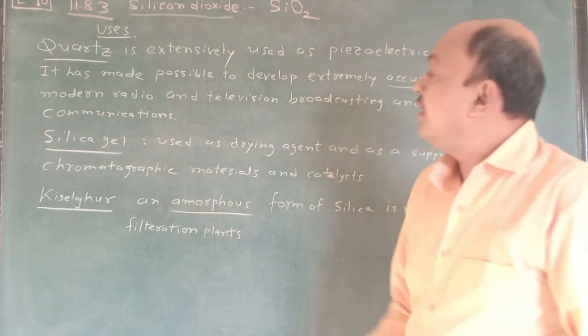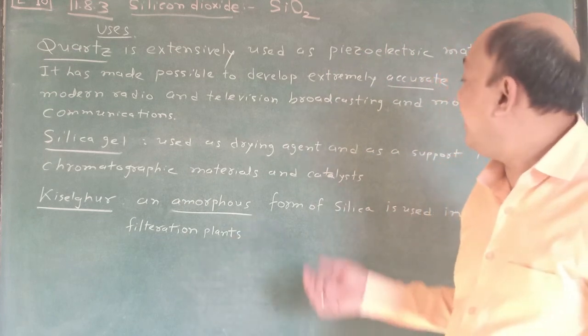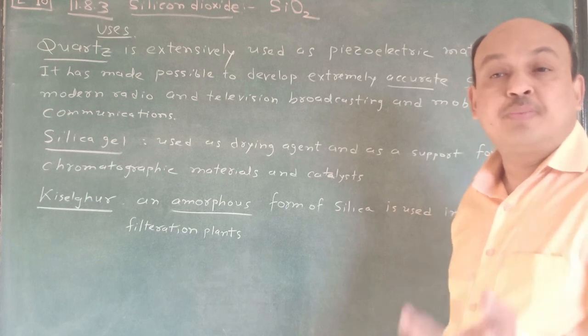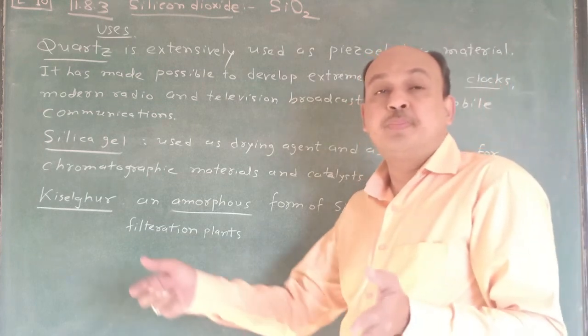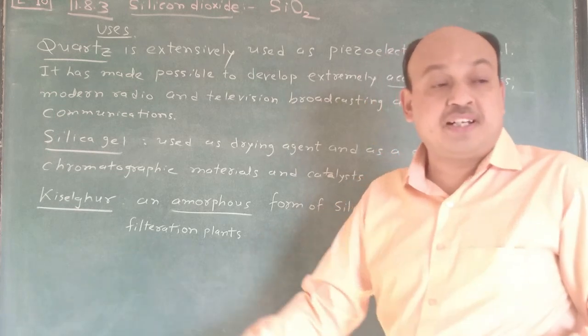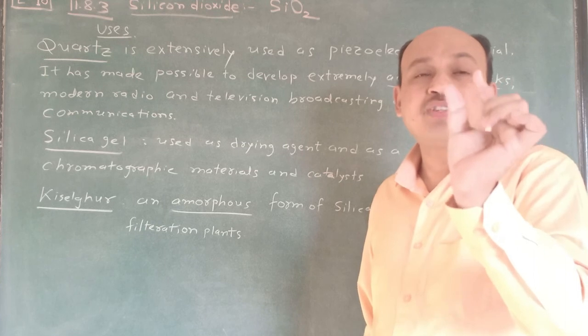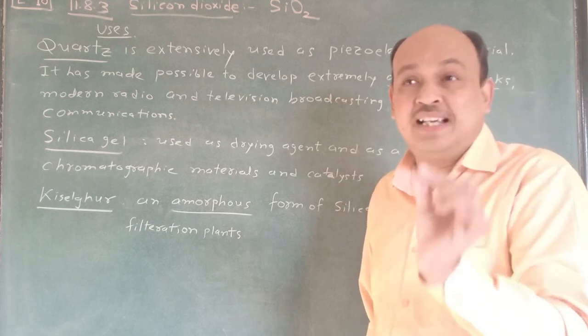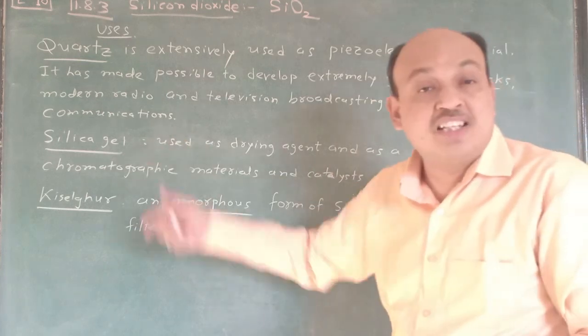Okay. Now, silica gel, which is used as a drying agent. When you purchase any material, suppose you purchase an AC or certain apparatus, in it there is a plastic bag or cloth bag in which silica gel is present.